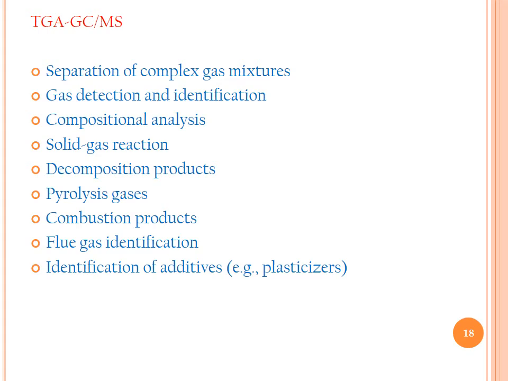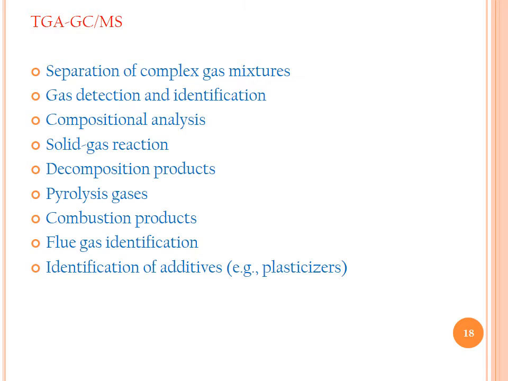So if TGA is hyphenated with GC-MS, then the following types of analysis can be performed by this hyphenated instrumentation. Separation of complex gas mixtures, gas detection and identification, meaning both qualitative and quantitative analysis. Composition analysis, meaning the content analysis.